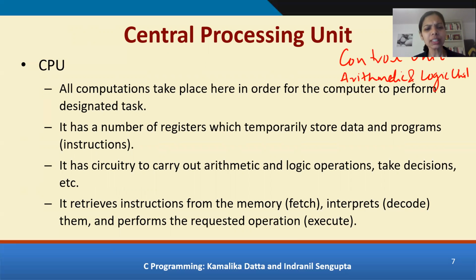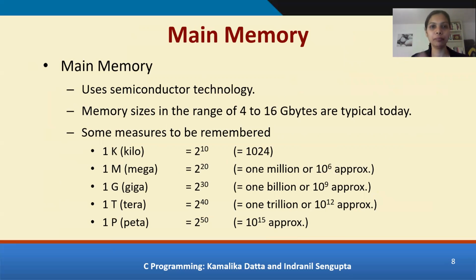The most important thing, it retrieves an instruction from memory, interprets, or we call it decodes, the instruction, and then performs the required operation. So we fetch, we execute. This is the whole process. This is very brief on the CPU.